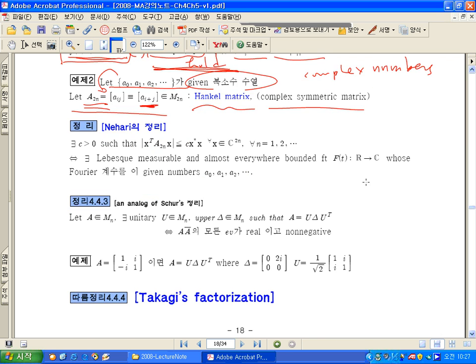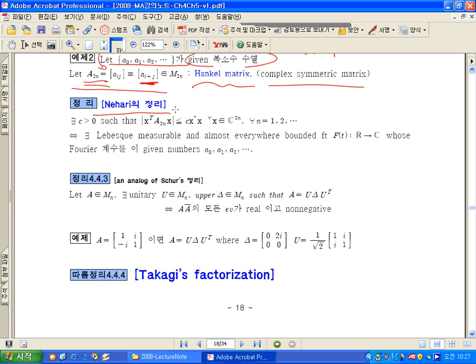Okay? And there are some theorems by Nehari that show an if and only if statement on the existence of a Lebesgue measurable and almost everywhere bounded function.